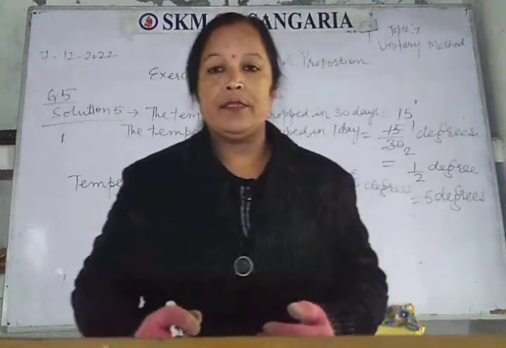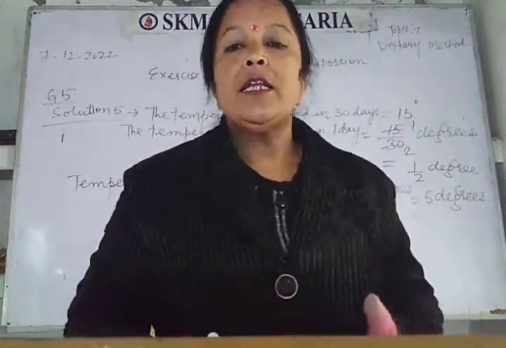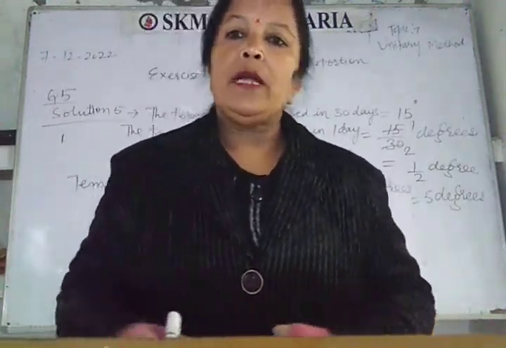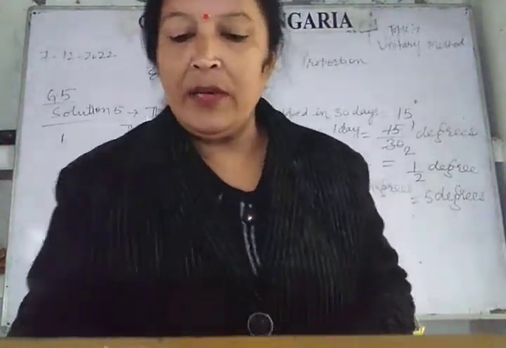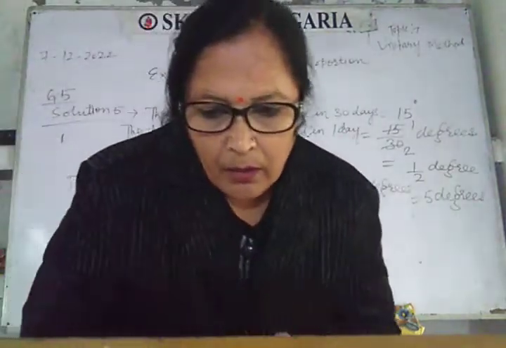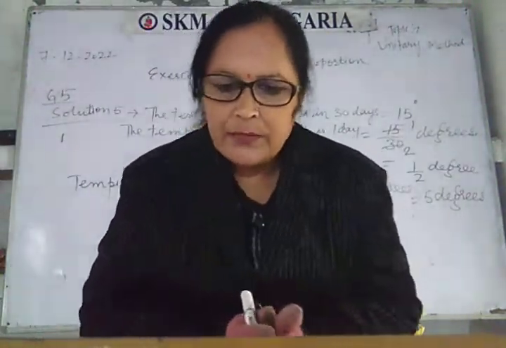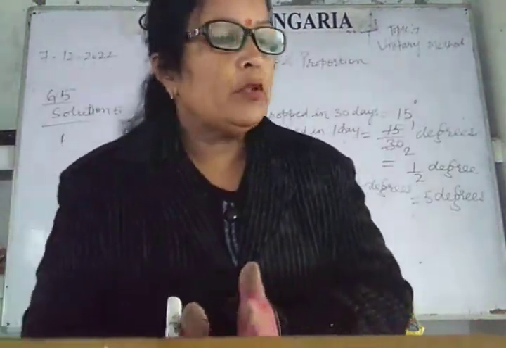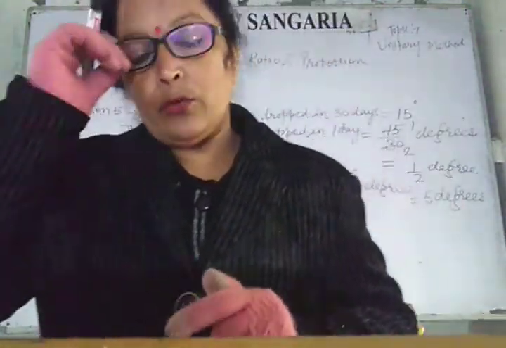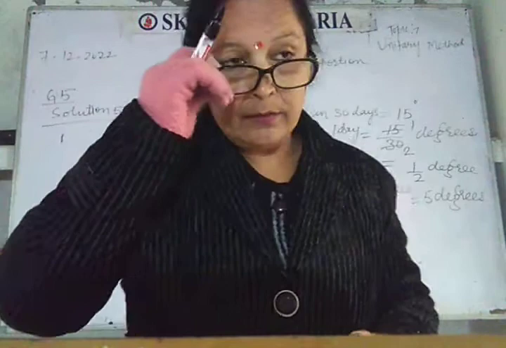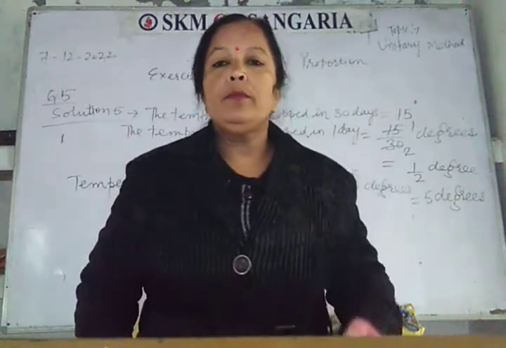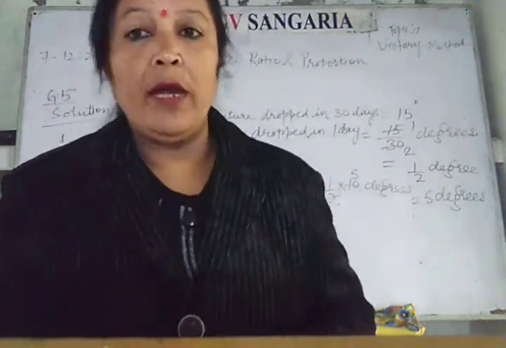So in 4 dozen, how many units will there be? 12 into 4, that is 48. 12 fours are 48. You will first find the cost of 1 banana. Then if the cost of 1 banana is with you, then you will find how many bananas can be purchased with the required money.